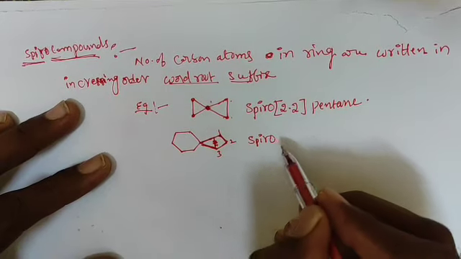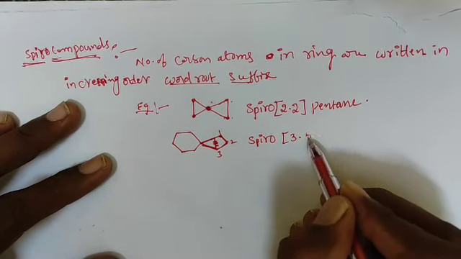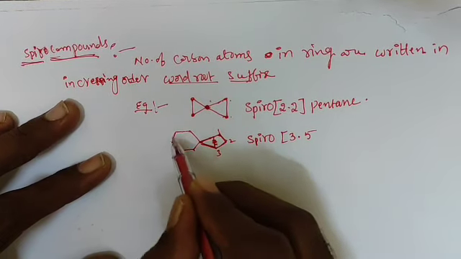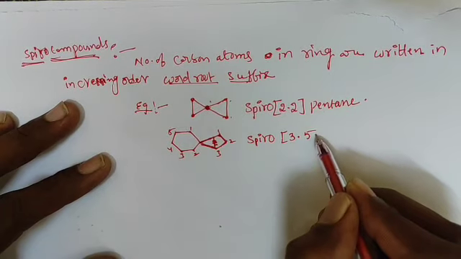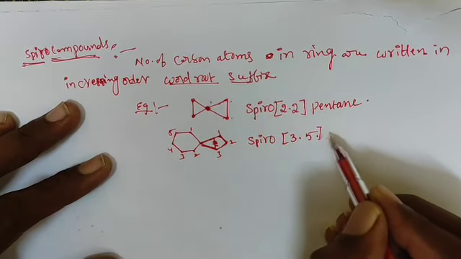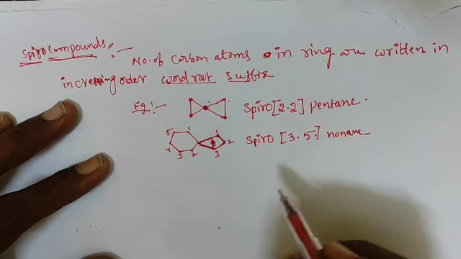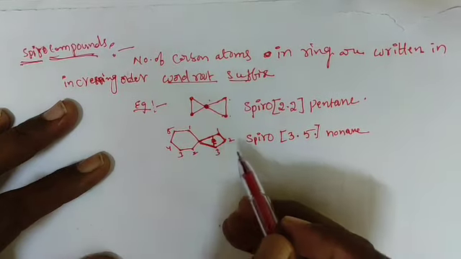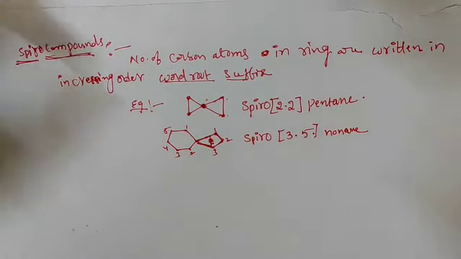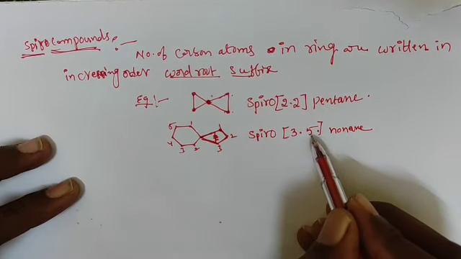Increasing order means bracket open 3.5. 1 2 3 4 5. 3 comma 5. Nonane, how many? Nonane means 9. 5 6 7 8 9. Okay, this is Spiro 3 comma 5 nonane.